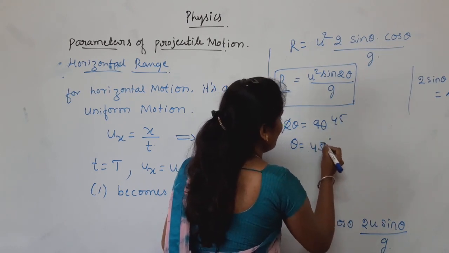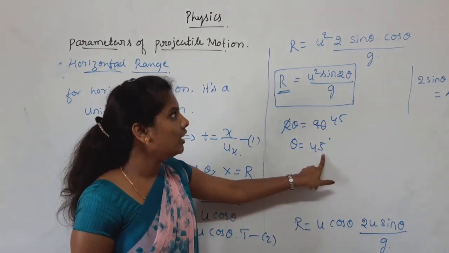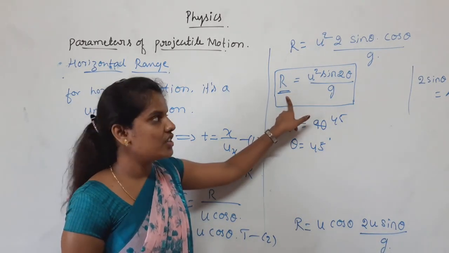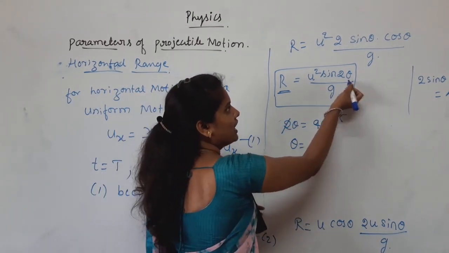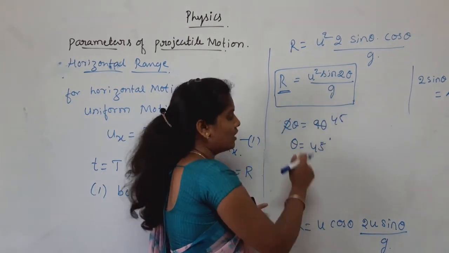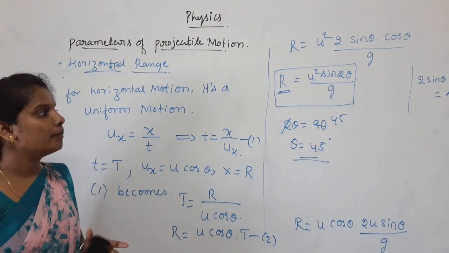So when the angle of projection is 45 degrees, then only the horizontal range is maximum. When theta is 45 degrees, then only R is maximum. This is regarding the expression for a parameter.